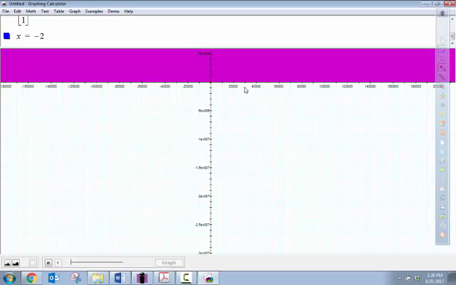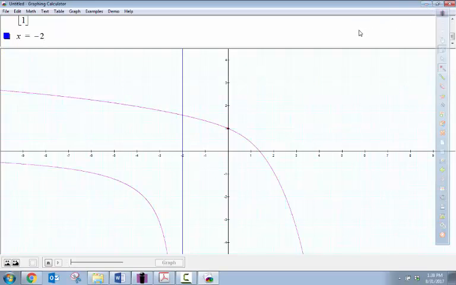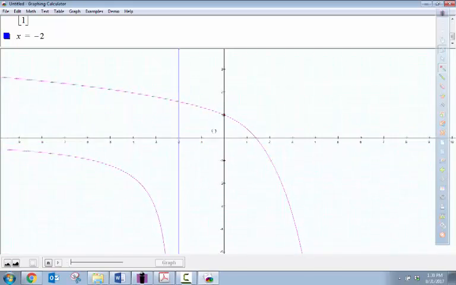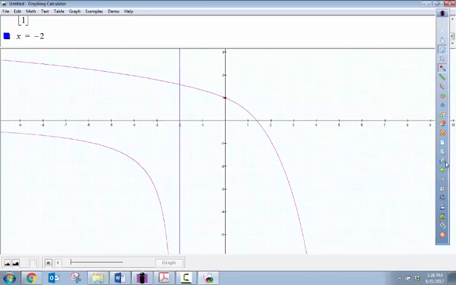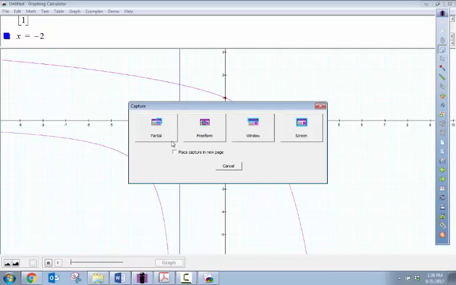It turned out that I don't think it does, because as I was zooming out, it looked like it kept on going. Let me see if I can. Oh, whew, there it goes. This might be on a new page.